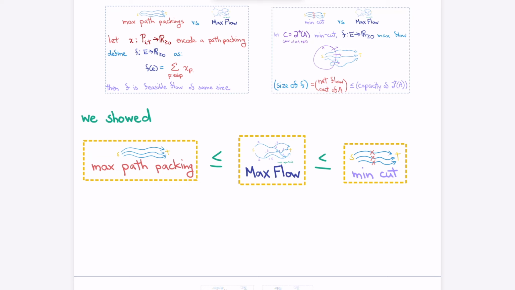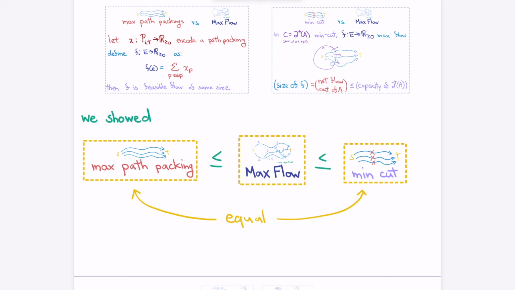That flow just writes down for every edge how much capacity is being used by the path packing. On the other hand, you know that the max flow is bounded above by the min cut. And meanwhile, we already know that the extreme points are equal. Okay, so they're all equal.